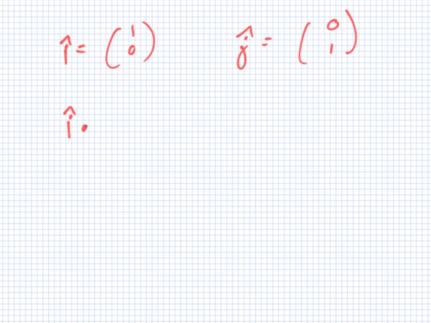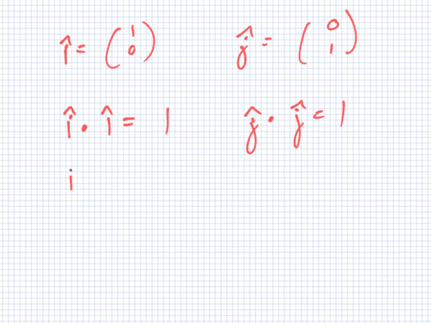So here, vector I equals 1, 0, and vector J is 0, 1. What's I dot I? 1. And J dot J? 1.